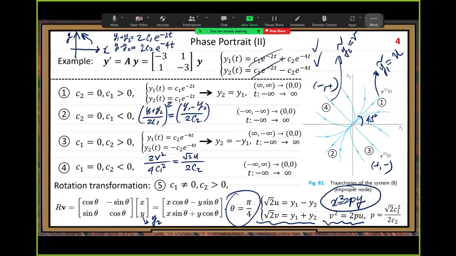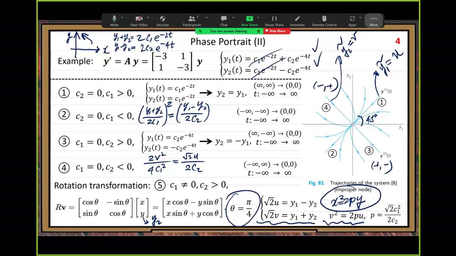What type of equation is this? Parabola. But you need to look at which direction the parabola opens. Right, up.